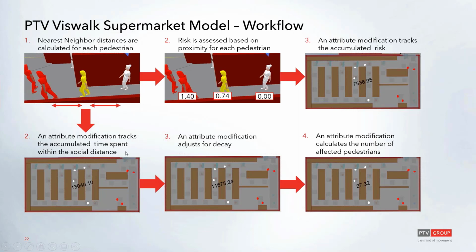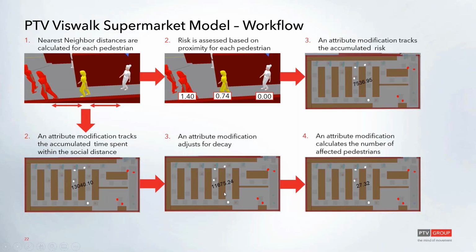The other track, besides the pedestrian risk level, is the time spent within that social distance. So it's going to take that nearest neighbor calculation and pull that information out. And every time step that this yellow person is within 2 meters, they're going to be adding to that time. And so the attribute modification is going to be adding that to the store total time.